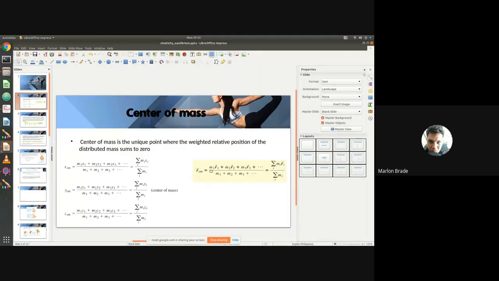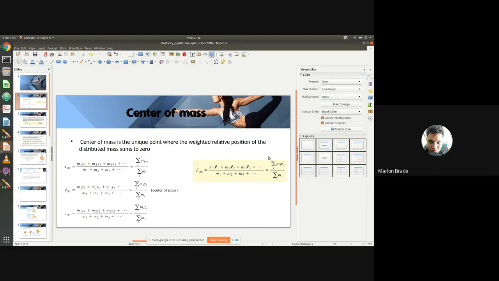It can be written as m1 r1 vector plus m2 r2 vector, where m1 is the mass of the first particle, r1 is the vector connecting the origin and the position of m1, and r2 is the vector connecting the origin and the position of the particle with mass m2, and so on, divided by m1 plus m2 plus m3.